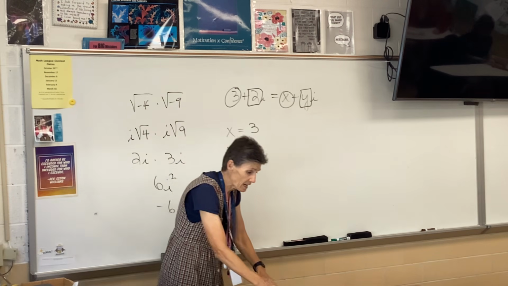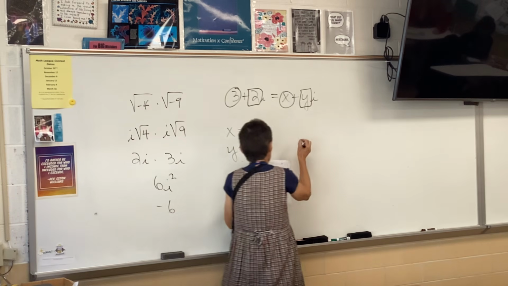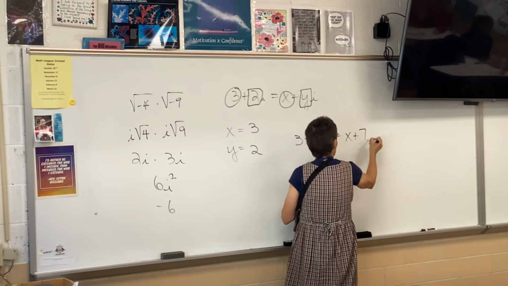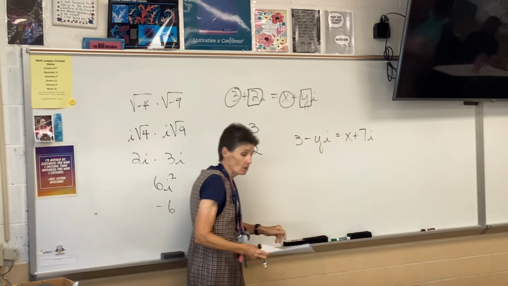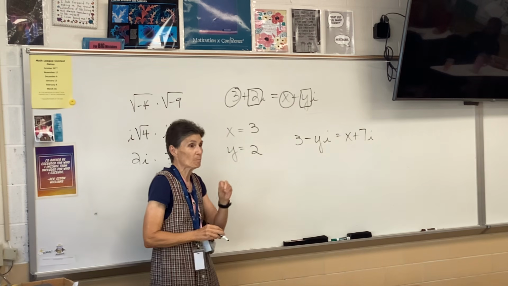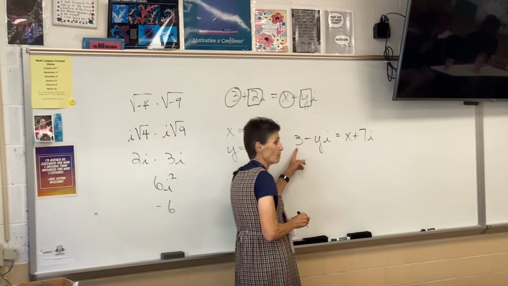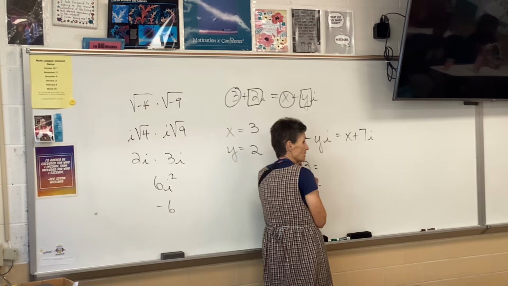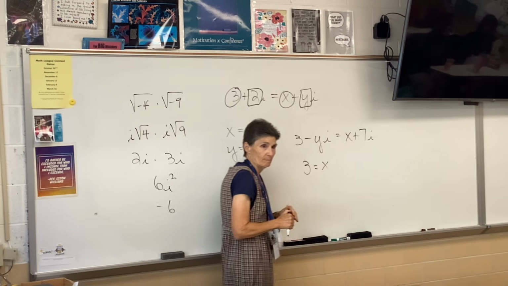So when I look at the next one, I'm not going to get all freaked out. Look at both sides. What are the plain parts? What's the plain part over here? 3. What's the plain part over there? x. So x is 3, done.